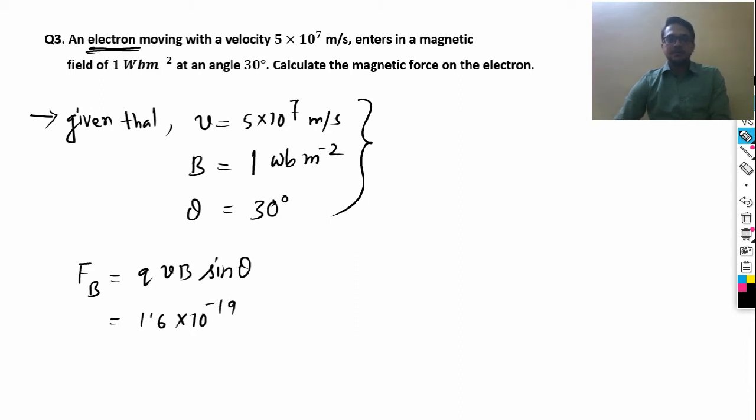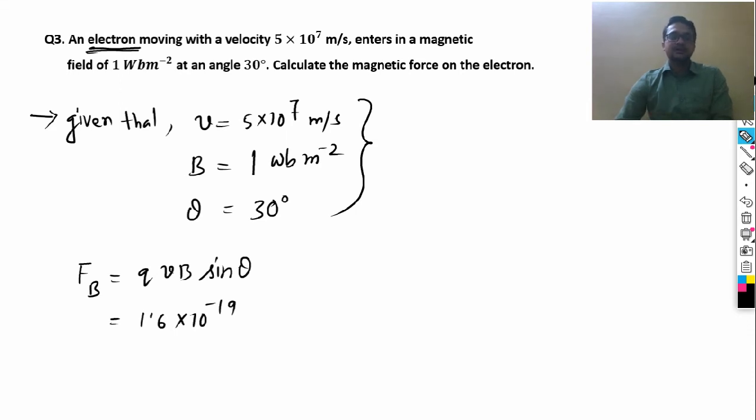Very important: when you are finding the magnitude of force, do not put a negative sign on any quantity. Here the charge is electron, and we know the charge of electron is minus 1.6 × 10⁻¹⁹, but don't put the negative sign because we are finding only the value. Every quantity will be put with its magnitude only.